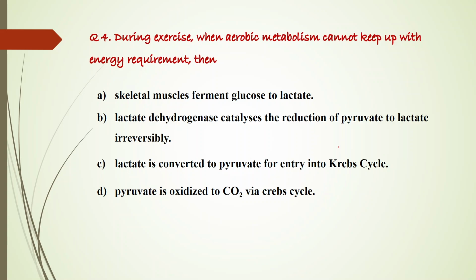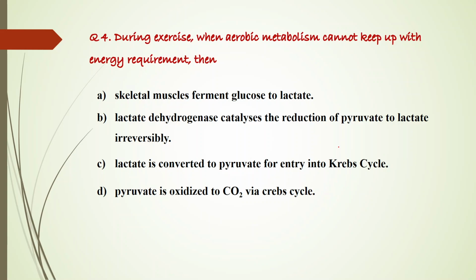There are 4 options that are given to keep up with the energy requirement. Even if we are exercising and there is oxygen deficiency, we still need our body to function. That means our body needs more energy for the function. So how will the energy come? First one is skeletal muscles will ferment glucose to lactate. Second one is lactate dehydrogenase catalyzes the reaction of pyruvate to lactate irreversibly.